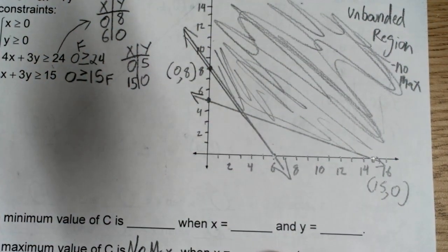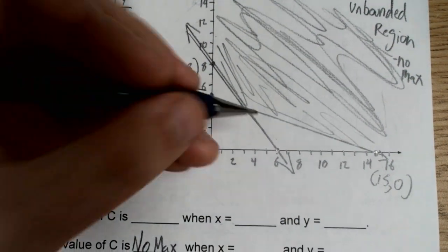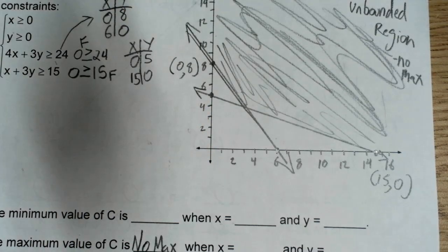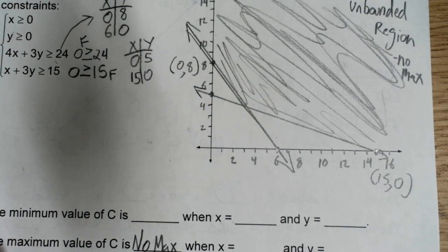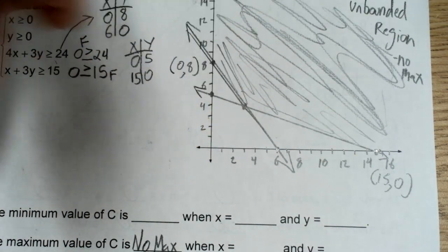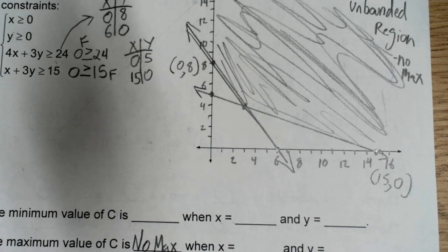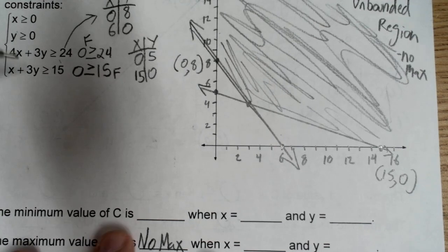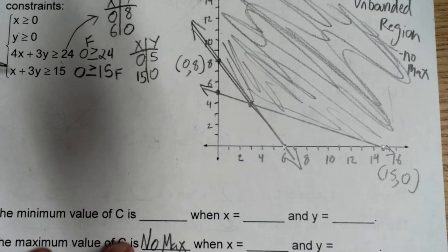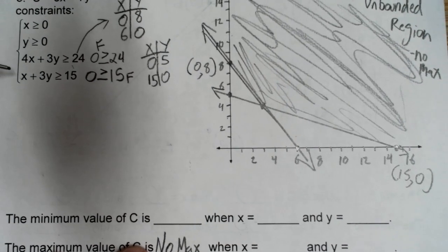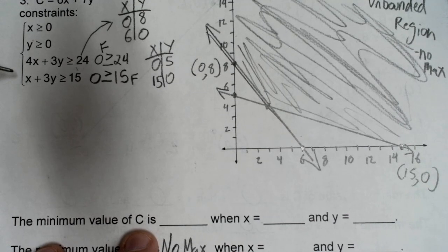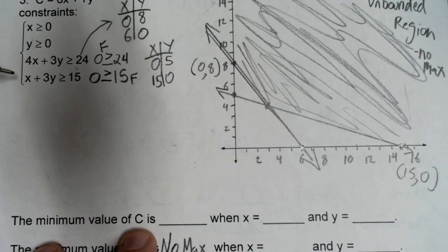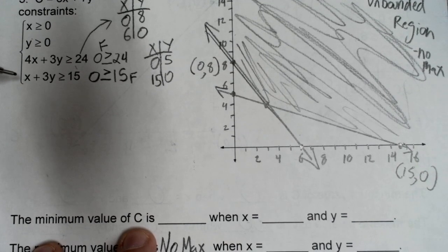But it looks like there's a part right here where I do not have the corner yet. So we've got to figure that out before we can finish this up. What I'll need to do is either do elimination or substitution, or set them both as y equals and solve and figure out this corner.